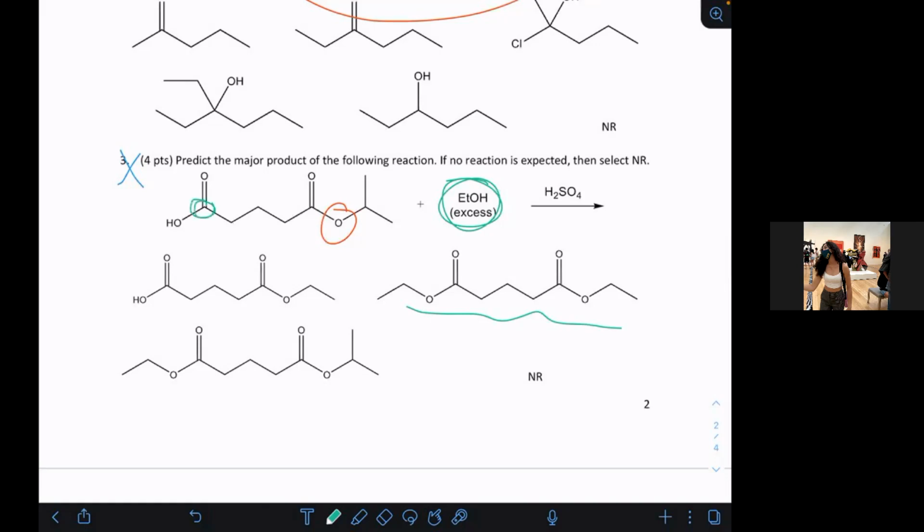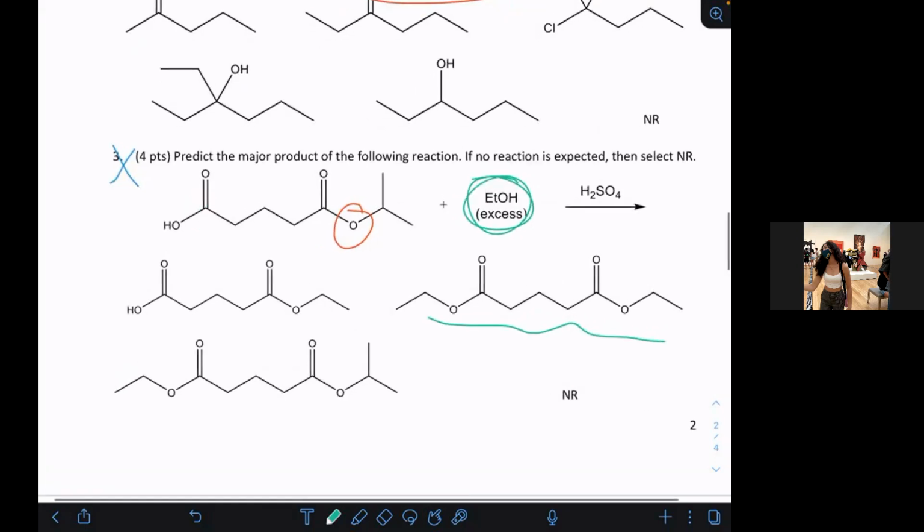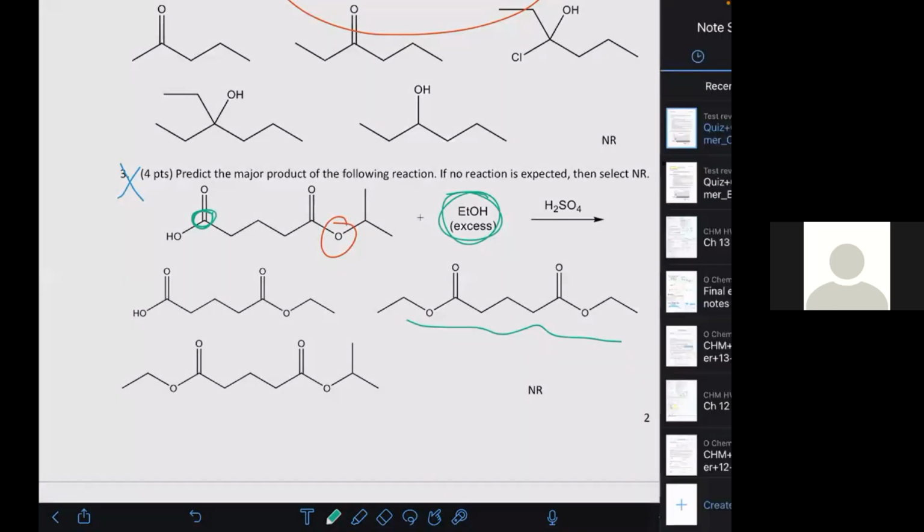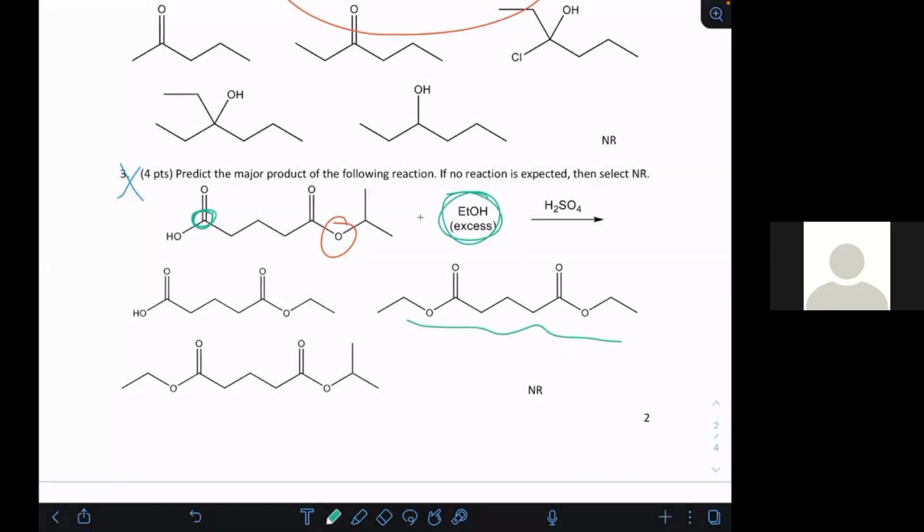So are you saying you would know what to do for this carboxylic acid side? With the Fisher acidification, that turns carboxylic acids into an ester. And then esters with an alcohol just change to a different ester.